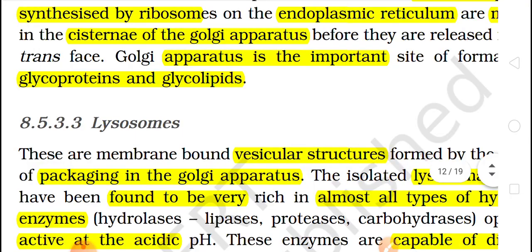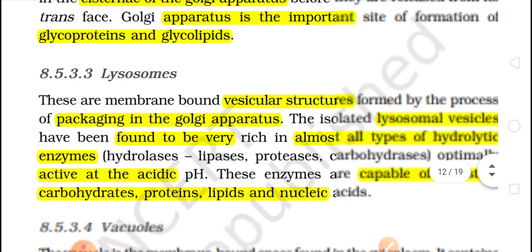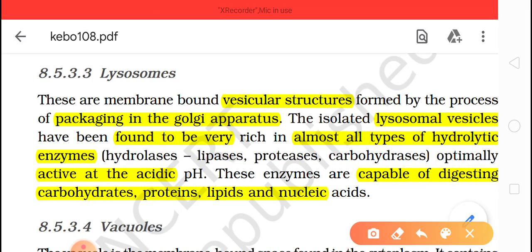See about lysosome, children. Suicide bag, and these are membrane-bound vesicular structures formed by the process of packaging in the Golgi apparatus. In the Golgi apparatus, when they package the protein molecule and modify it, lysosomes are formed.